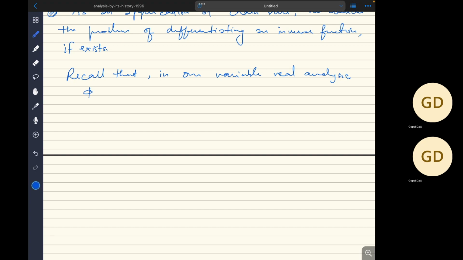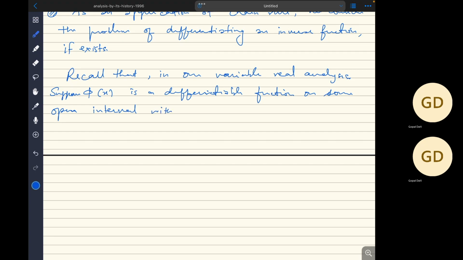Suppose phi(x) is a differentiable function on some open interval with the condition that phi dash x is strictly positive.